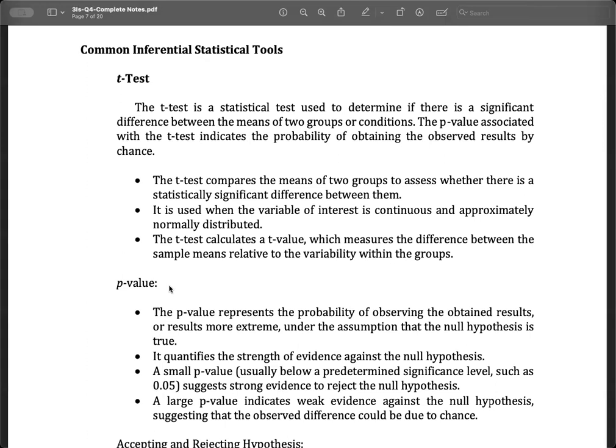Number one, your data should be continuous, so your data should either be interval or ratio data. Number two, you need to have a large sample size and it should be randomly selected, right? Because random selection would mean that there is no bias.